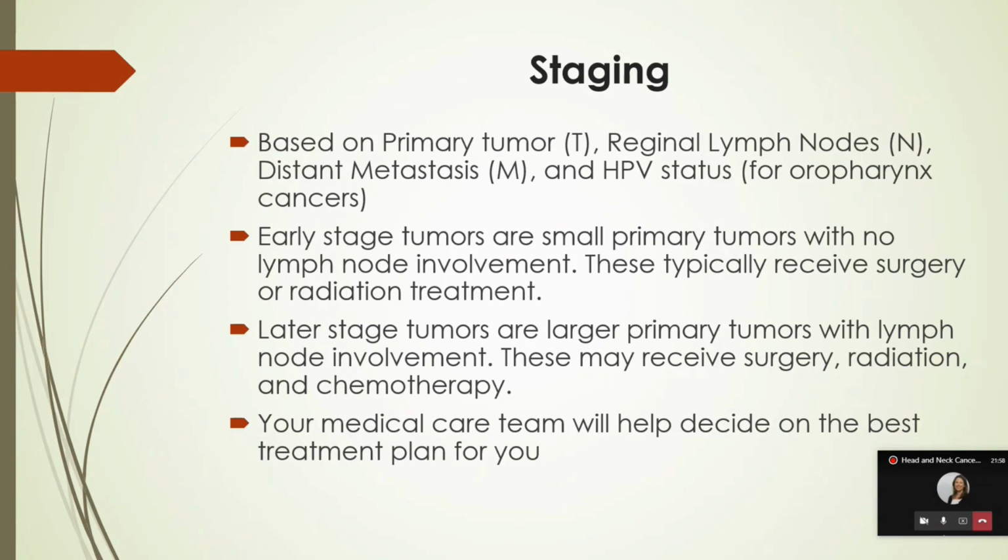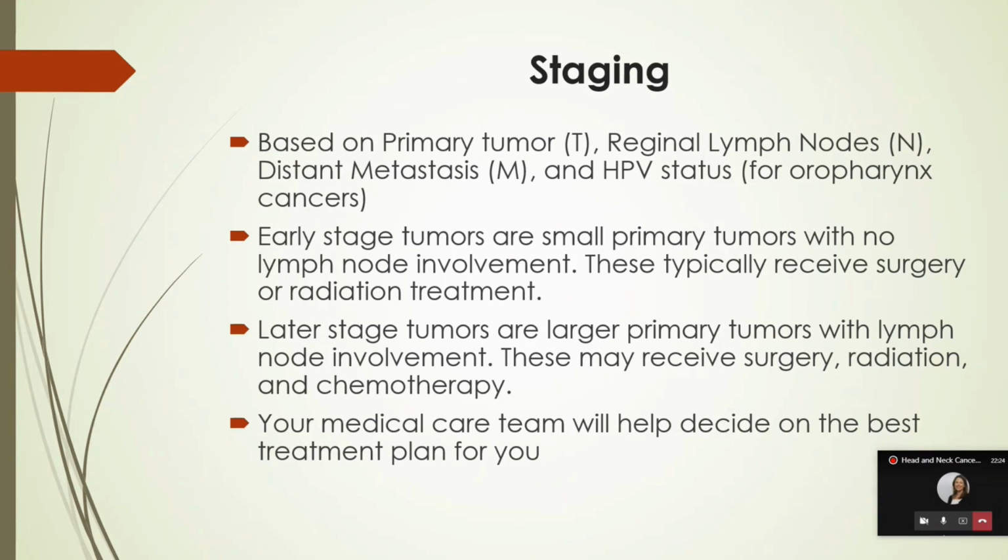The difference with head and neck cancer is that we do also use HPV status for those patients that have oropharyngeal cancer. So if they're positive for HPV, that might give them a downstage a little bit. In general, early stage cancers are typically small with no lymph node involvement, and they typically receive surgery or radiation.